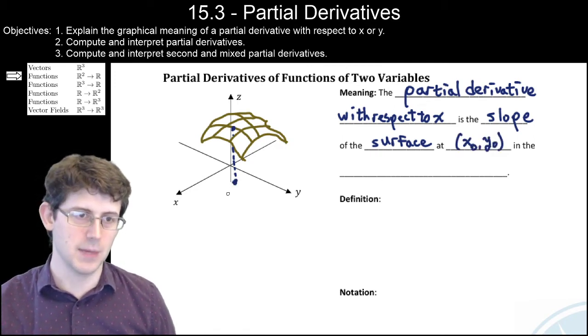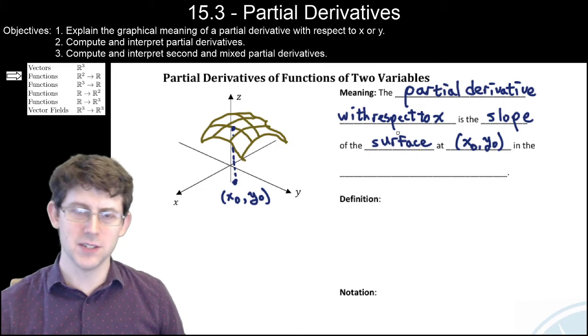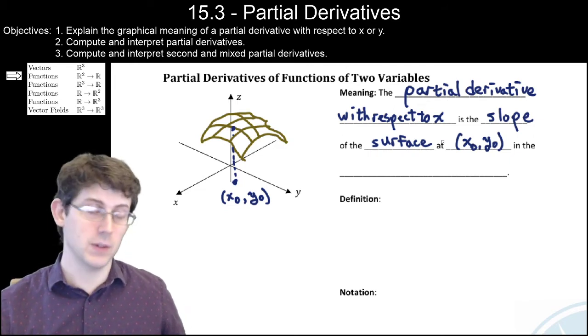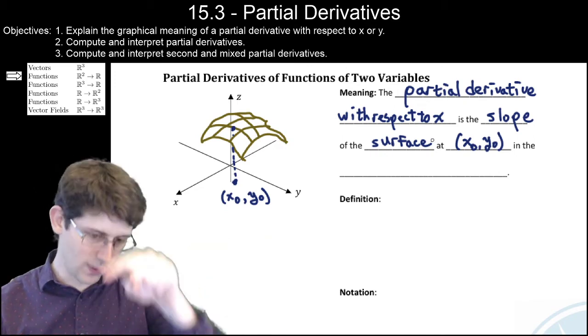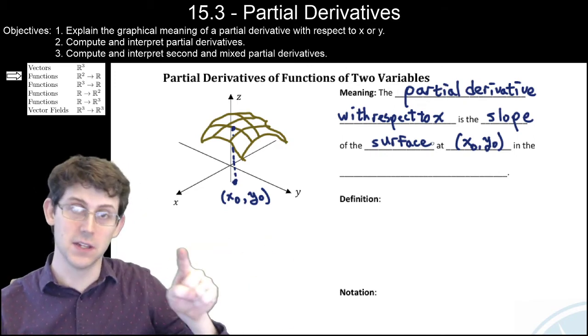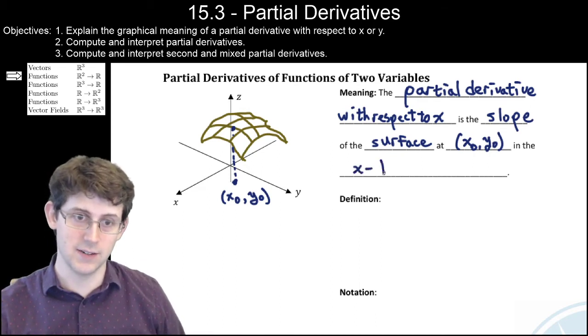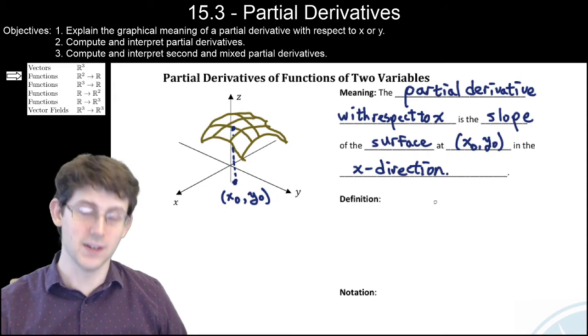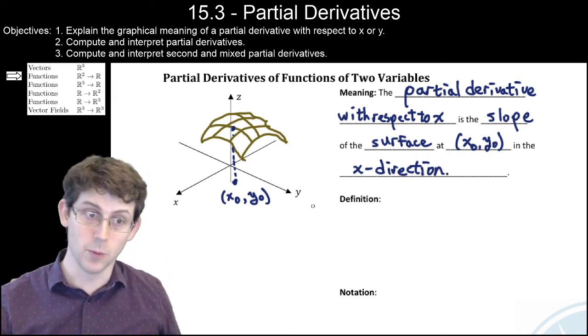So I'll have this base point, x0, y0. But if I'm doing a partial derivative with respect to x, what that means is I walk parallel to the x-axis. I walk in the x direction and see what the slope of the surface is. If you pick a different direction, if you instead walk parallel to the y-axis, you might get a different slope.